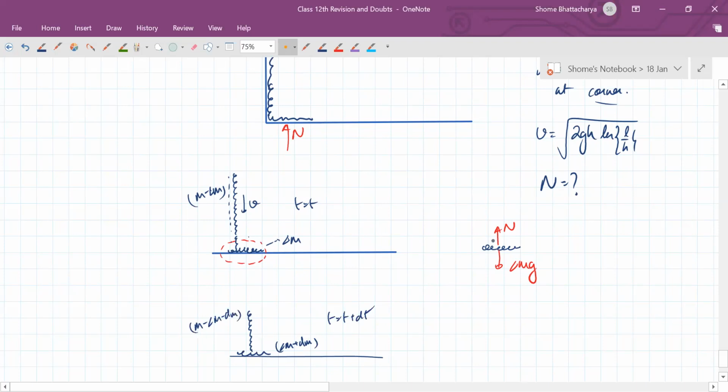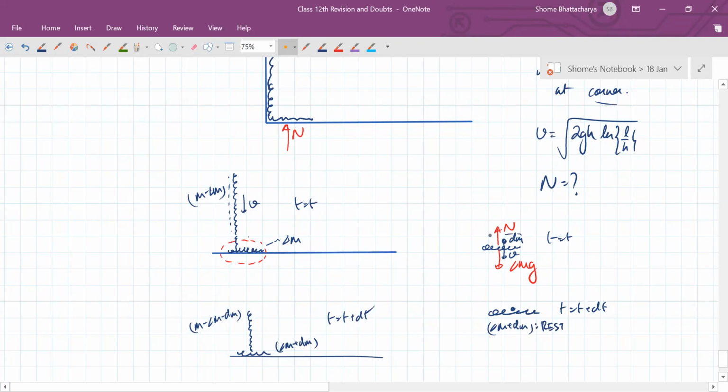So it's like there's a particle of mass dm which was moving down at a velocity v. This was at t equal to t, and now at t plus dt, that particle has got included in this. So this whole thing, delta m plus dm, is at rest now.